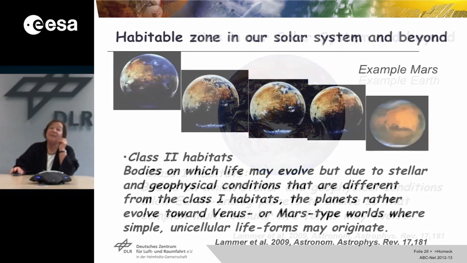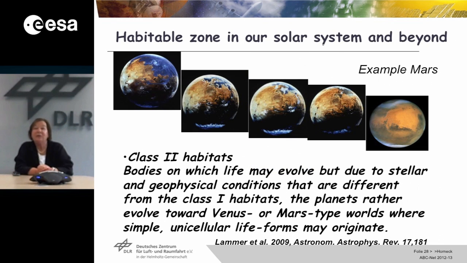But we have another example which is not so favorable for life, like Mars. And Mars is one of the planets where we are looking whether life has, maybe, appeared once on Mars, whether, during the history from a more wet planet to a colder and drier planet, life has either been extinguished or retreated in some subsurface oasis.